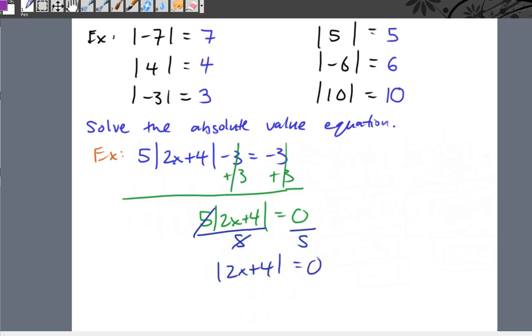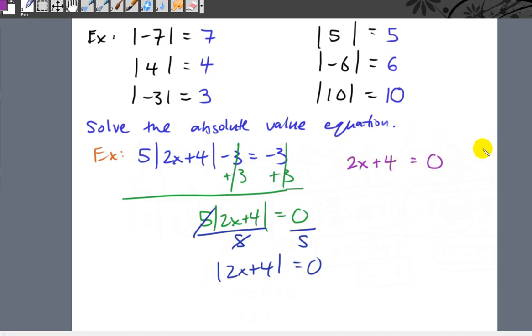Okay? Now we need to manipulate this. If you think about it, the inside here has to be negative 0, well, that's 0, or 0. So for this special case, all we have to do is solve 2x plus 4 equals 0.